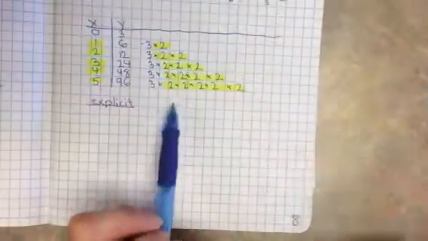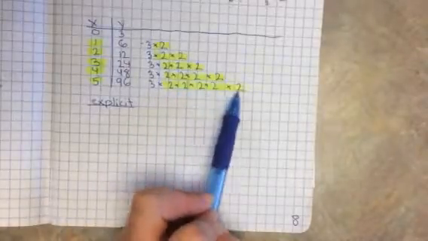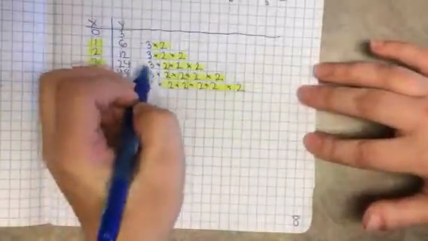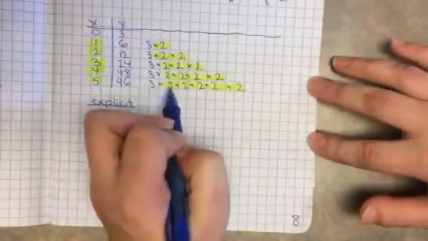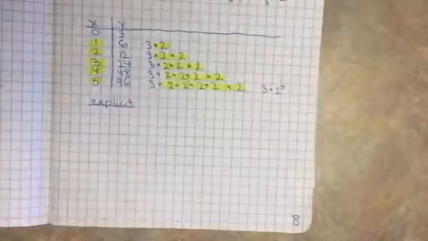And we also know that a shortcut for writing this 2 times 2 times 2 times 2 times 2, a shorter way of writing that would be what? Yeah, so I can shorten this up, and instead of saying 3 times 2 times 2 times 2 times 2 times 2, I can just say 3 times 2 to the power of 5, right?